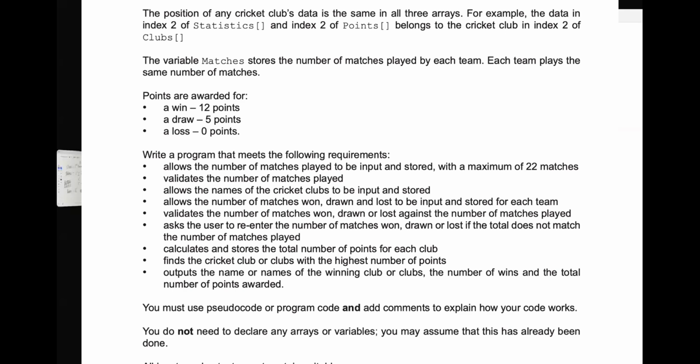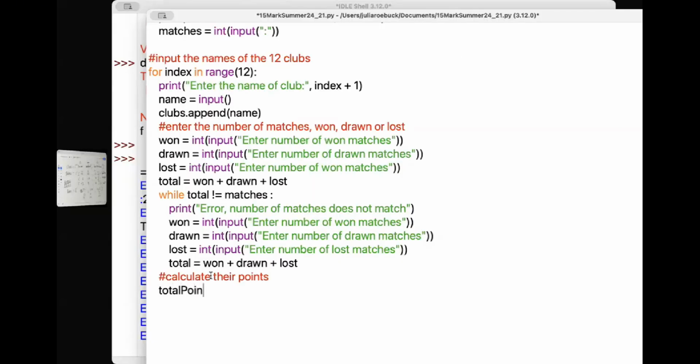So we're going to say total points equals won times 12. I'm going to bracket those off, plus drawn times 5. And that's going to work out their points.